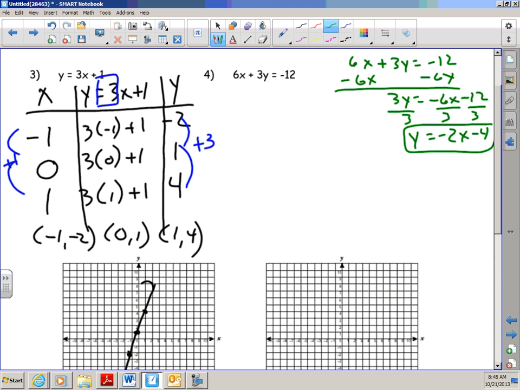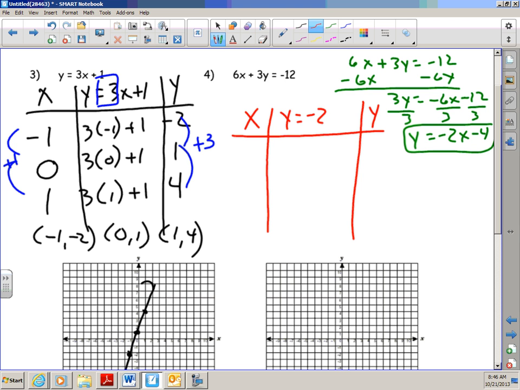Okay? Now I'm going to go back, create a table of values. And I know there's a lot of information in here, but that's why I'm using all these different colors. Hopefully no one's having a problem with that. I'm going to choose the same negative 1, 0, 1. You can, again, choose any numbers here.